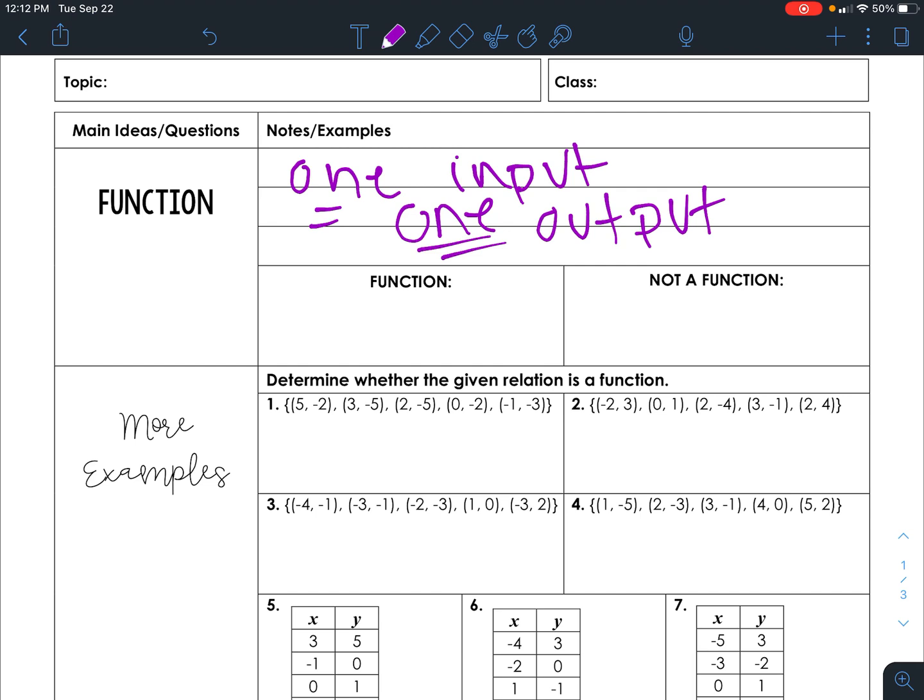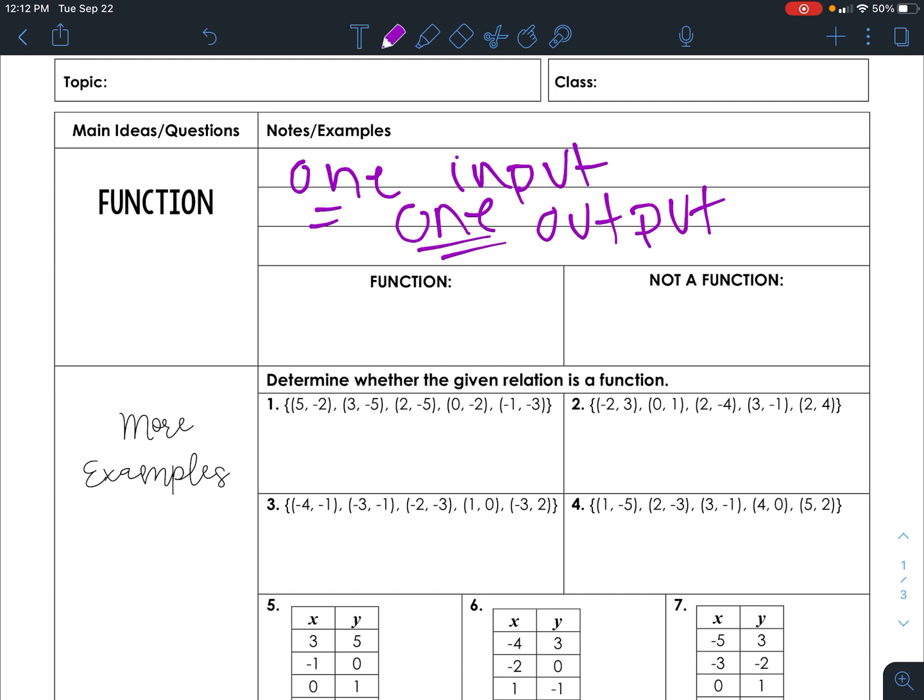That's what I would write. If an x value of 1 has a y value of 5 on a certain graph, it always has to have the same y value. One input equals one output, okay? X's can repeat, so the values of x can repeat, but the values of y can't repeat, if that helps.